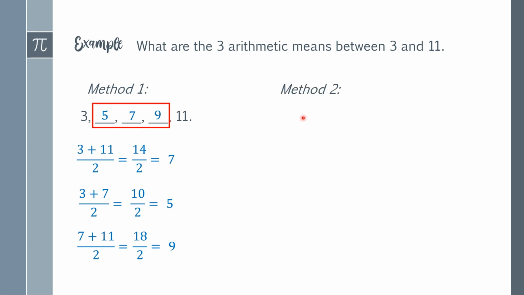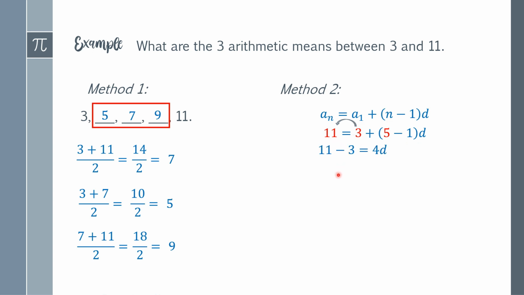Now, method number 2, we will use the formula for arithmetic sequence. So we have to substitute first. So our last term is 11. Our first term is 3. And then n is 5 because we have 3 and then 11 and plus the 3 arithmetic means to be inserted. And then we don't have the value of our d yet. Next is to transpose 3 to the left side.